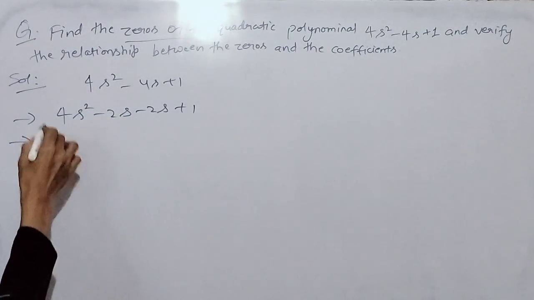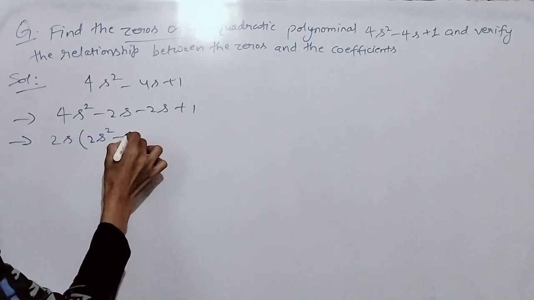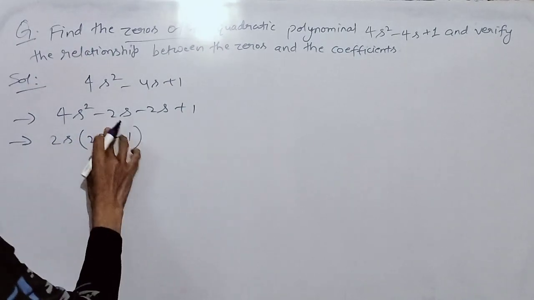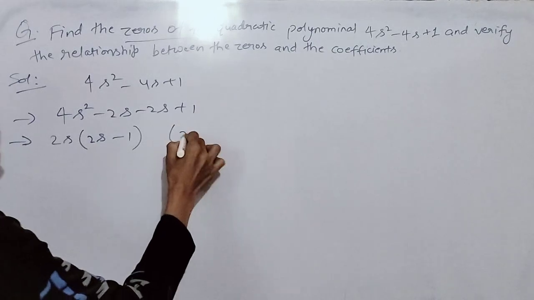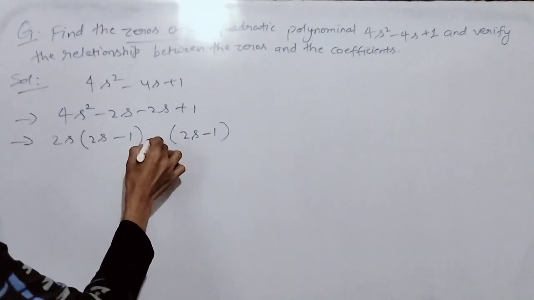Now we will take 2s common. 2s minus 1, here we will put minus 1.